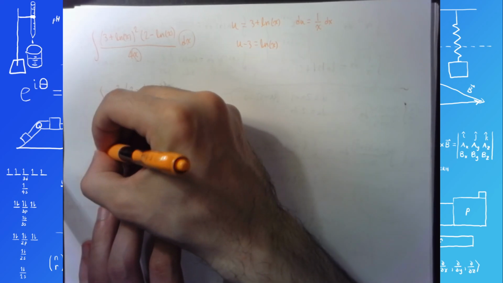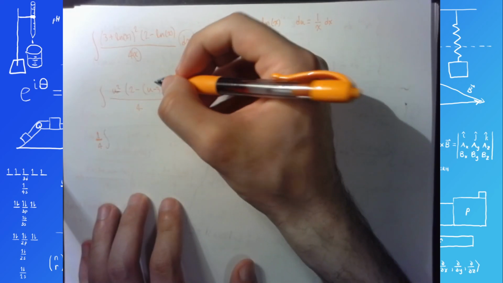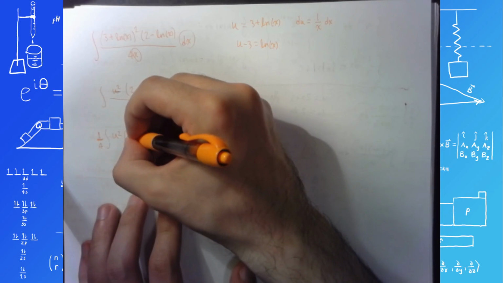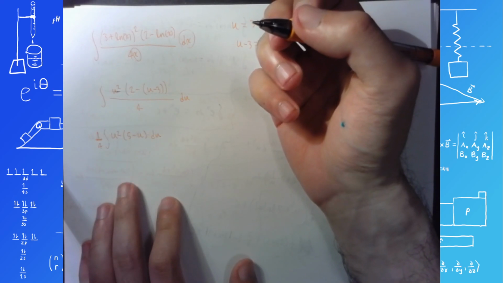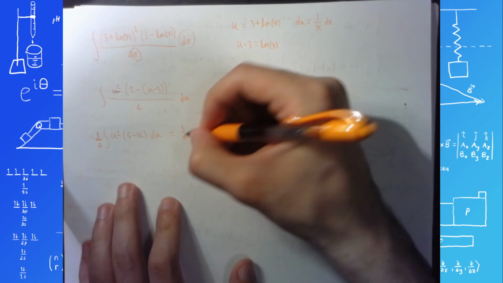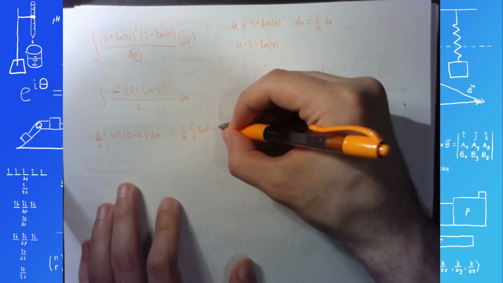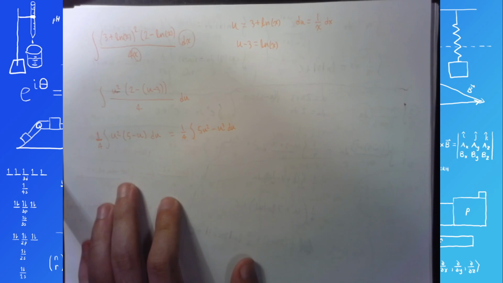So yeah, I'll do that. 1/4 of the integral of u squared times (5 minus u) du becomes 1/4 of the integral of 5u squared minus u cubed du. And then just power rule for the rest.